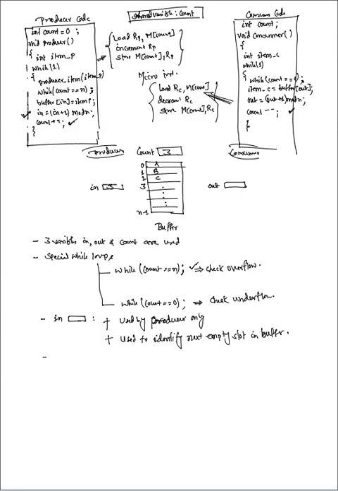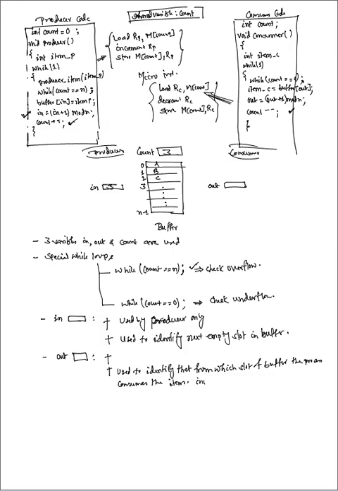Similarly, we have the out variable. It is used by the consumer, to identify from which slot of the buffer the process consumes the item.